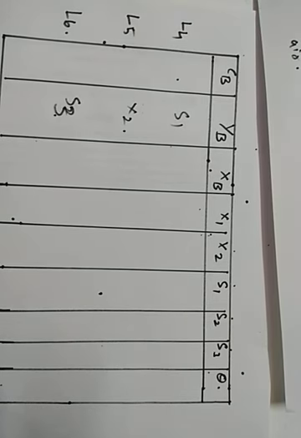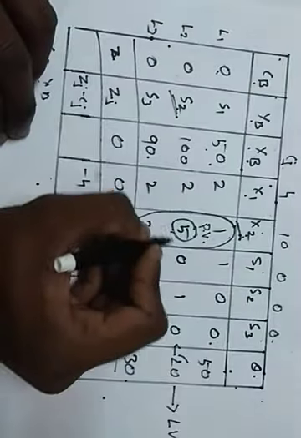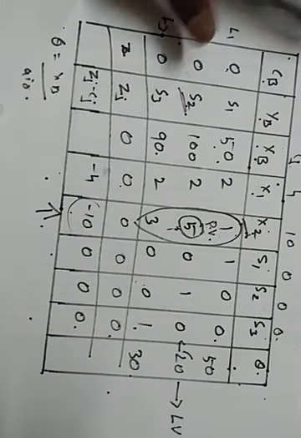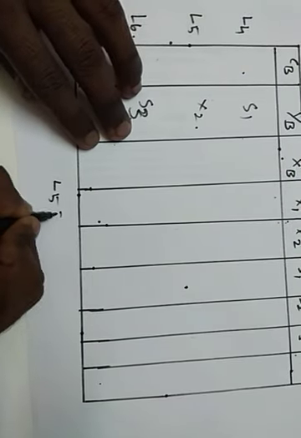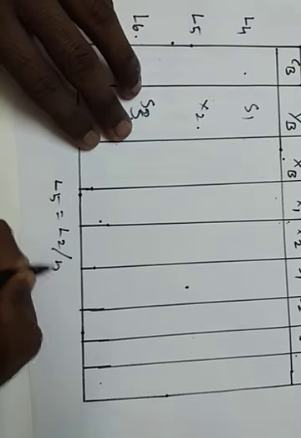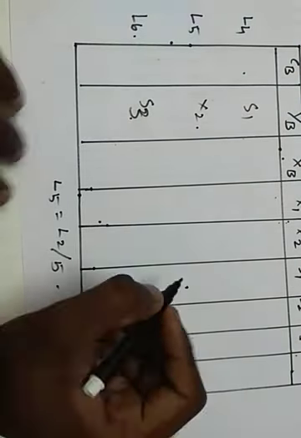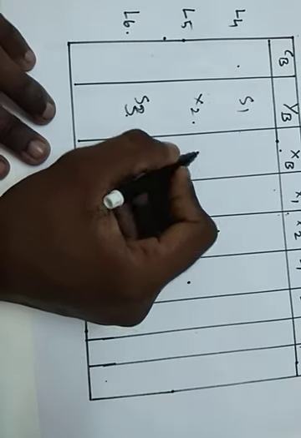Now if we want to calculate L5, then the given formula will be L5 is already L5, L2 is 5. We have to convert this as 1. So if we divide it by 5, it will become 1. So L5 equal to L2 divided by 5. So next to L5 will be 1 and we will be dividing everything by 5.